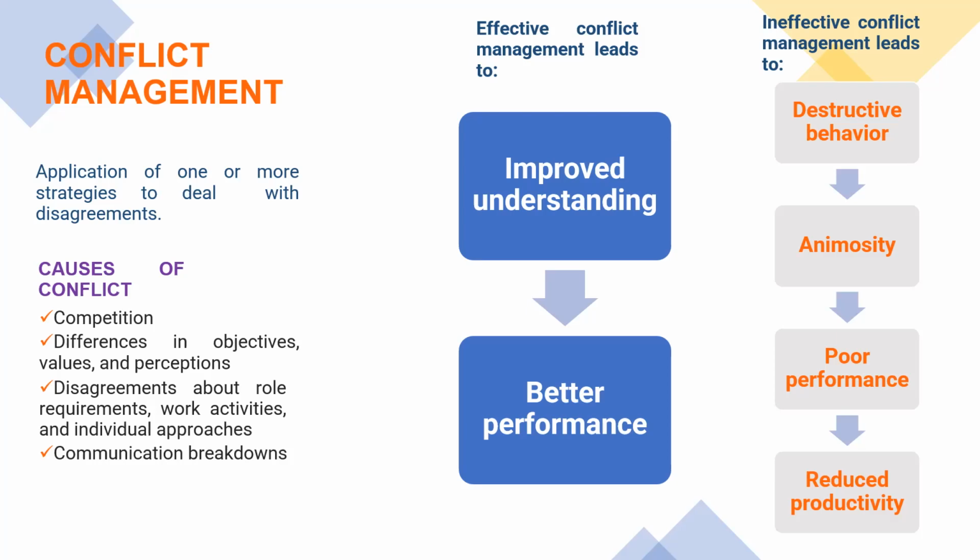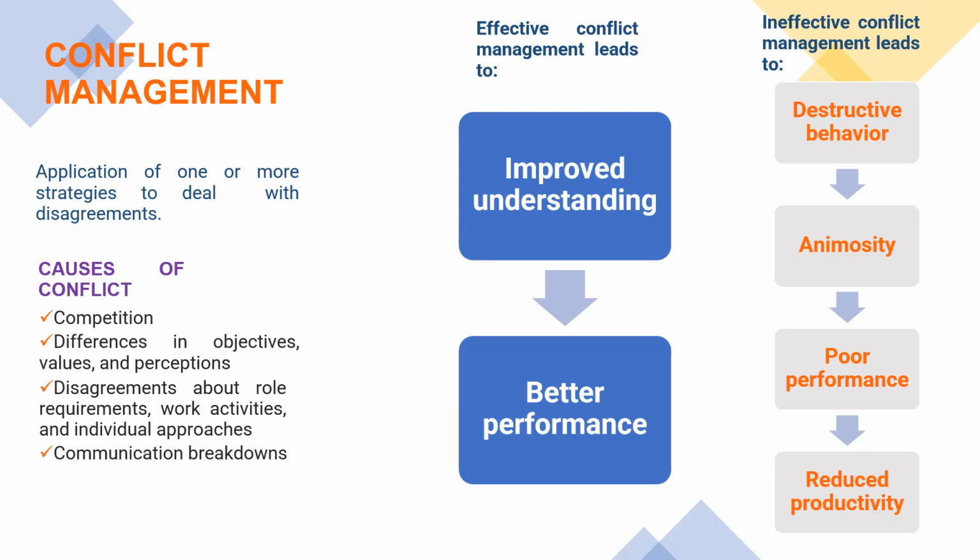What are the causes of conflict in projects and even in organizations? Competition. One person wants to get an edge over the other person. What are the other causes of conflict in a project? Differences in objectives, values, and perceptions. You see, each and every one of us has our own objectives.